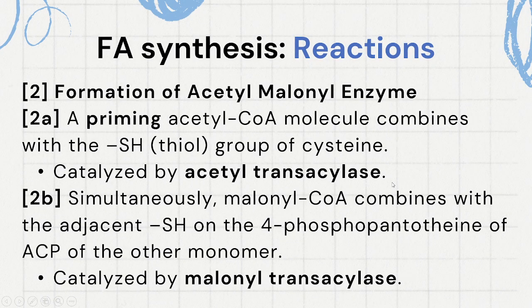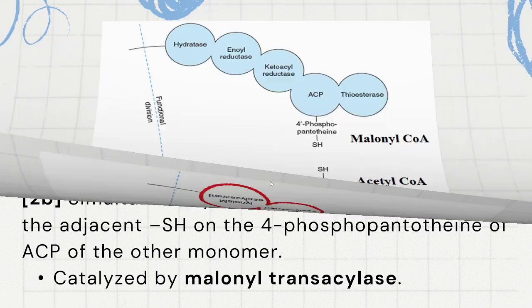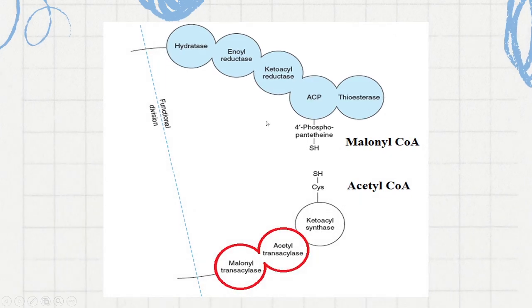The second reaction is formation of acetyl-malonyl enzyme, a fatty acid synthase that is linked to both acetyl and malonyl residues. This one also occurs in a two-step reaction, and we are going to see how the two parts of the monomers collaborate.